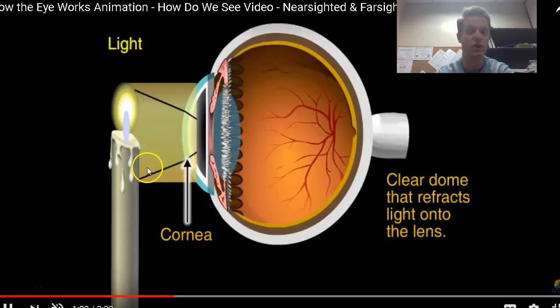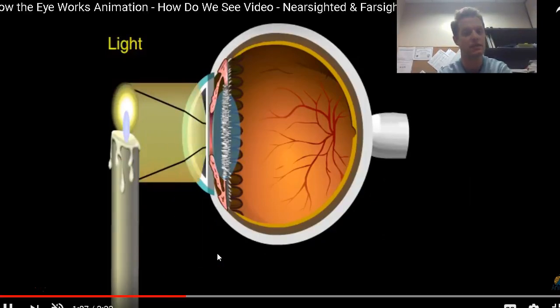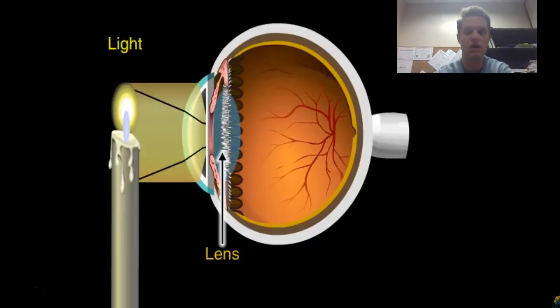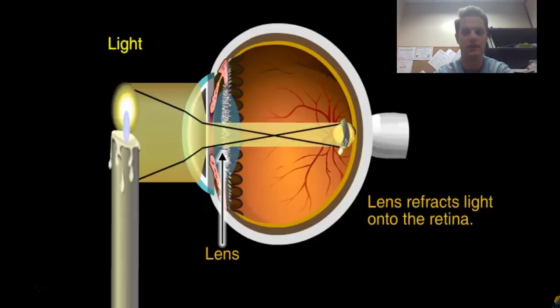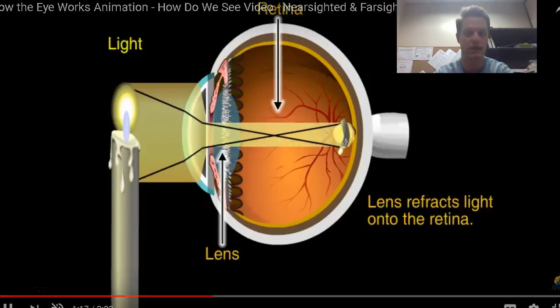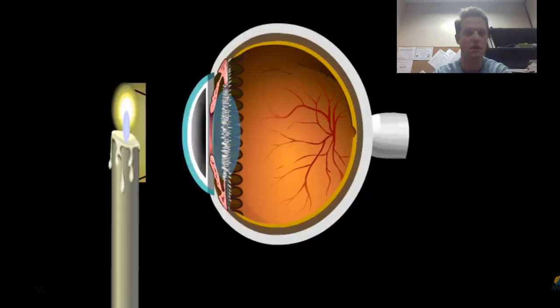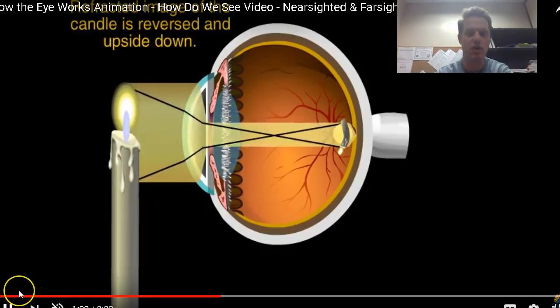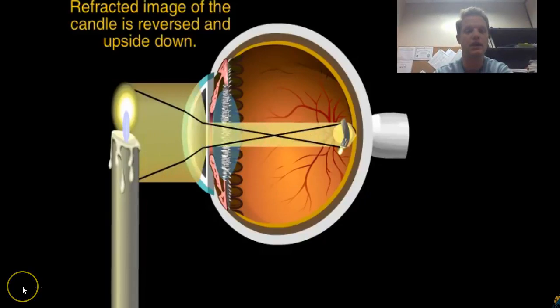So your cornea bends the light just ever so slightly, it hits the lens, and then that convex lens, which is a converging lens, flips the image upside down onto your retina. Now that travels along your optic nerve, and when it does, it flips it back right side up in your brain. So your brain is actually flipping the image.